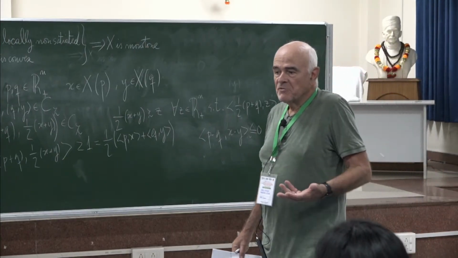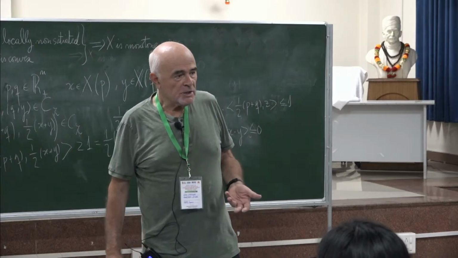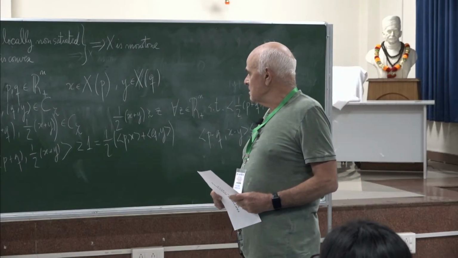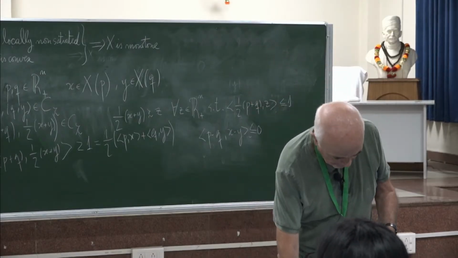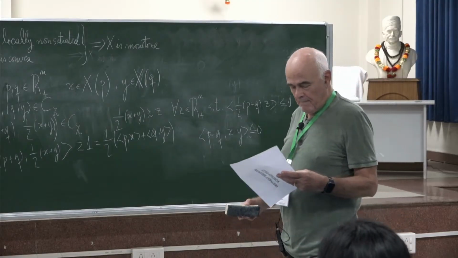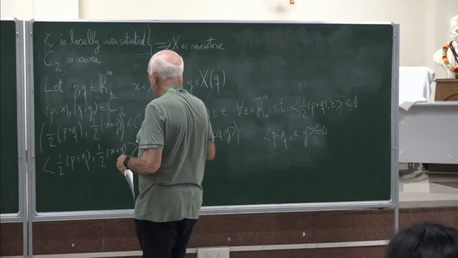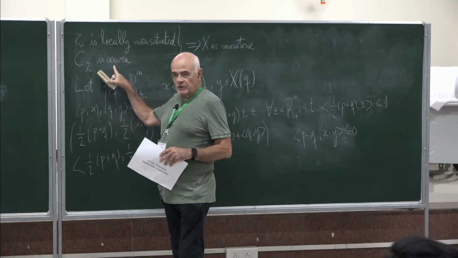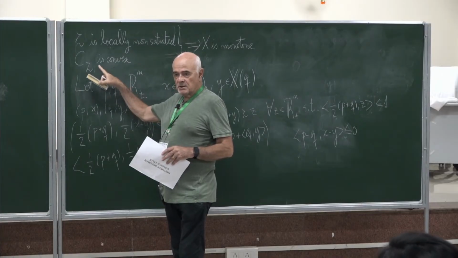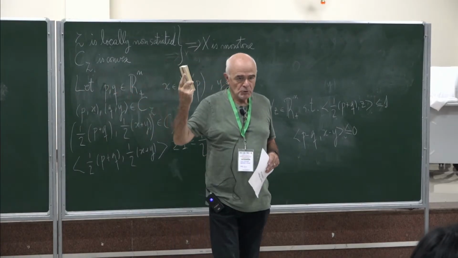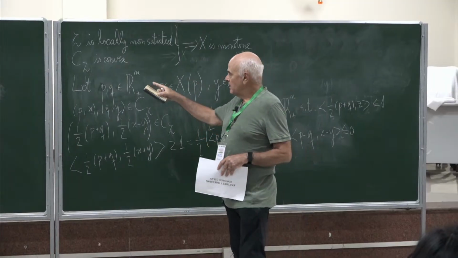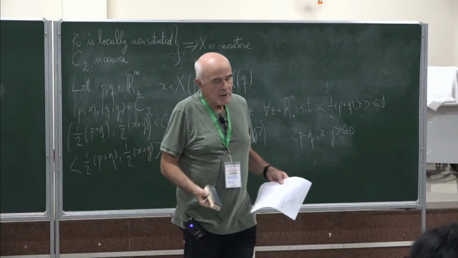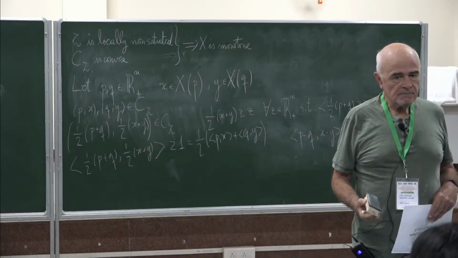I can give you a property which guarantees this convexity, but it's not a very exciting result. So now I'm going to address convexity of this set. I'm going to give you a sufficient condition. So when you add that sufficient condition to the local non-satiation property, you get a sufficient condition for monotonicity. Okay?